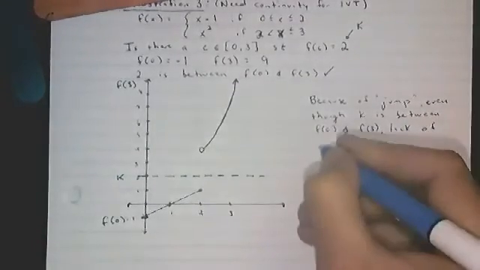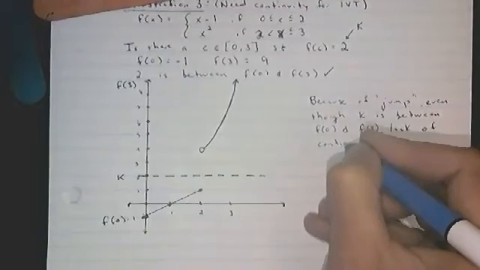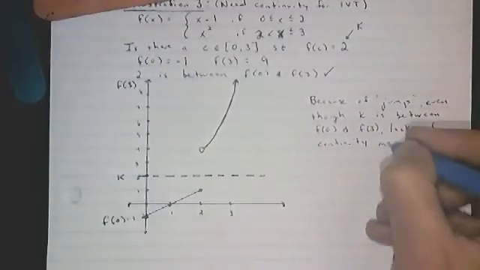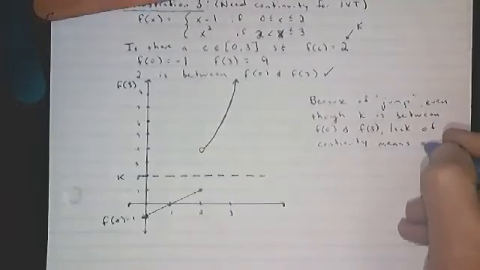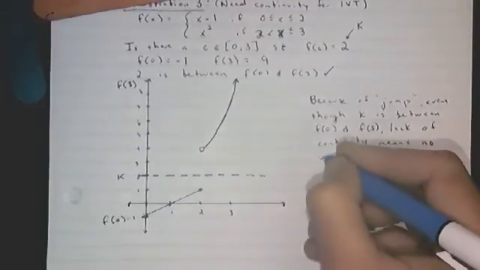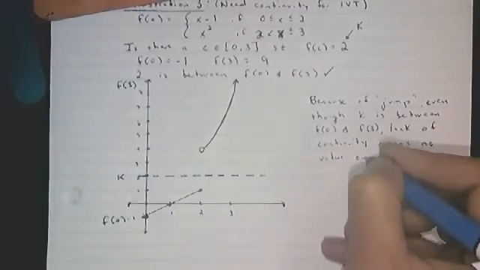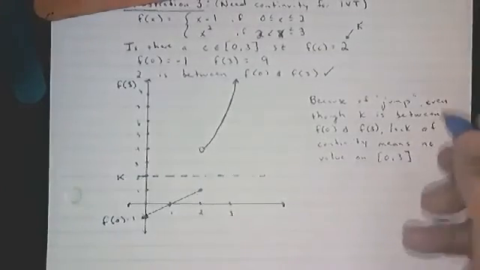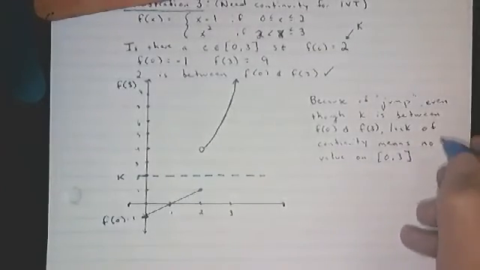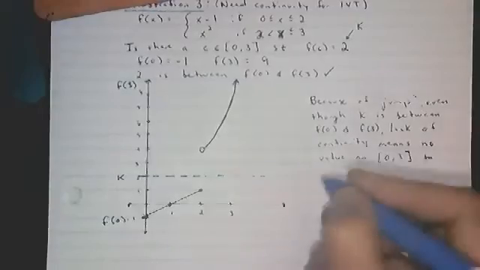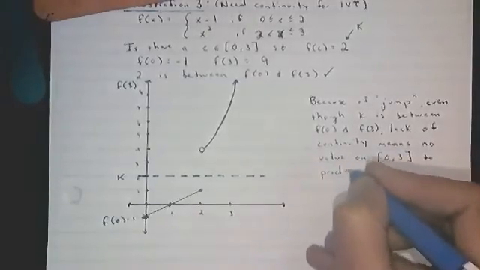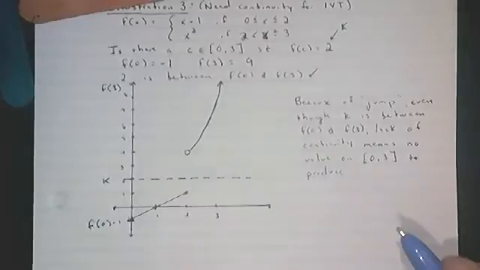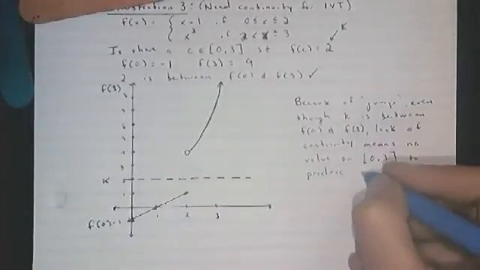lack of continuity means there is no value on that interval, the interval being from 0 to 3, to produce not just our k value, but anything between 1 and 4.